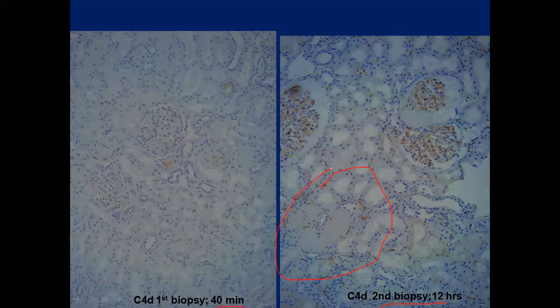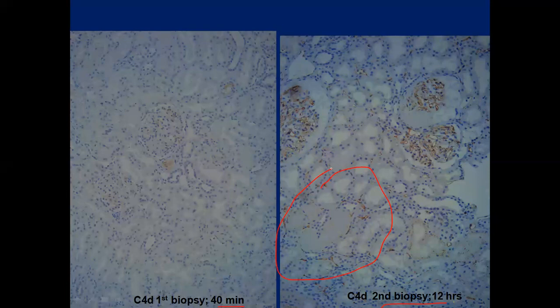So what I want to highlight is if you find C4D positivity in the first 7 to 10 days in an ABO incompatible transplant, you should think more in terms of an antibody-mediated process rather than thinking that it is accommodation, because accommodation takes some time. It will not appear in the first 1 week post transplant.